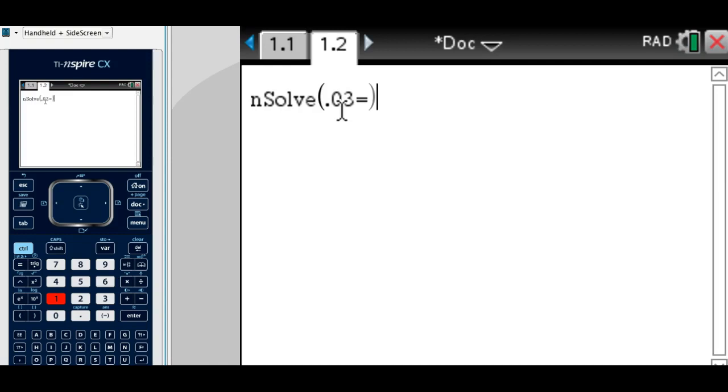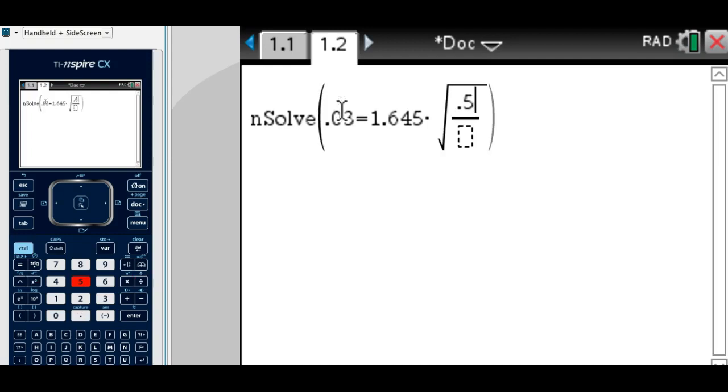Oopsies, I went outside my parentheses. So then I have 1.645 times, and then I have my square root, my fraction, 0.5 times 0.5 over, and then I'm going to use x here if my calculator wants to behave itself.